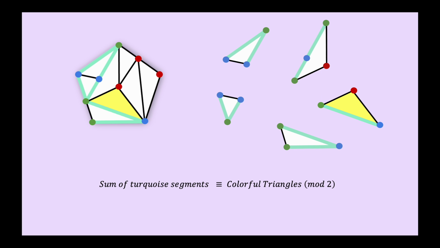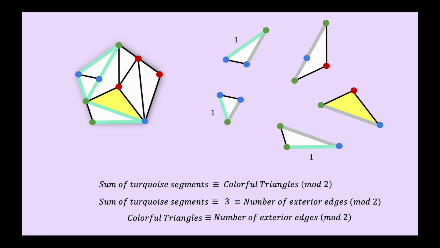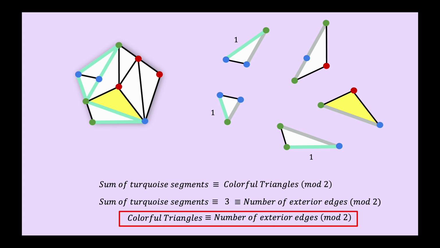On the other hand, counting in this way counts every turquoise segment in the middle of the polygon twice, so these do not affect the overall parity, while it counts those on the exterior of the polygon only once. Putting these two ideas together, we can say that the number of colorful triangles is congruent to the number of turquoise segments on the exterior of the polygon modulo 2, completing our proof.